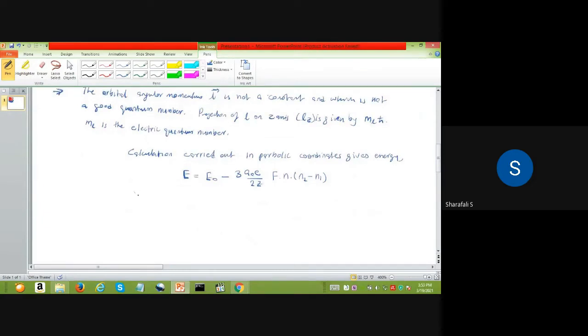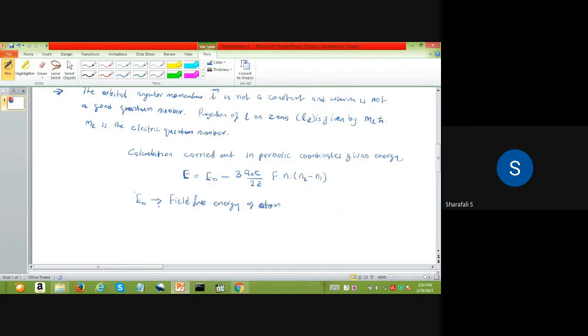So E0 is the initial energy, or you can say the field free energy of the atom. So we are talking about a hydrogen atom here, so we have only one electron.